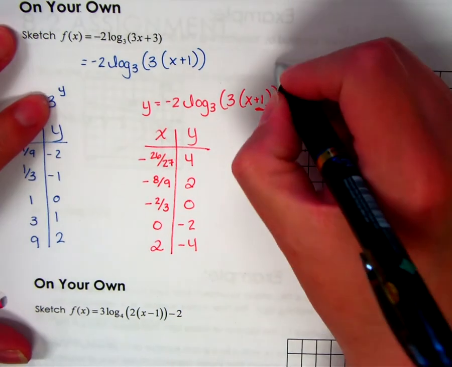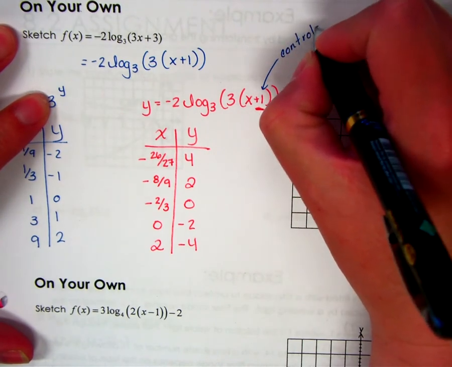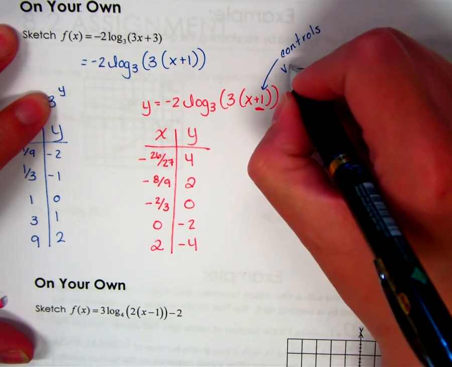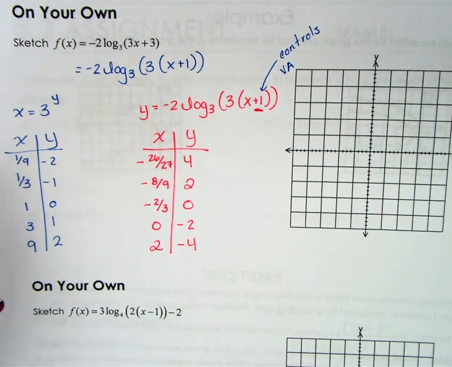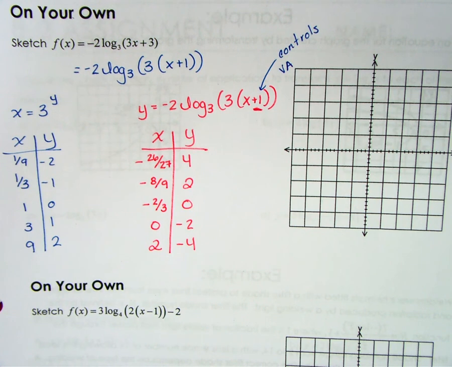So the horizontal shift controls the vertical asymptote. Okay. Let's graph it.